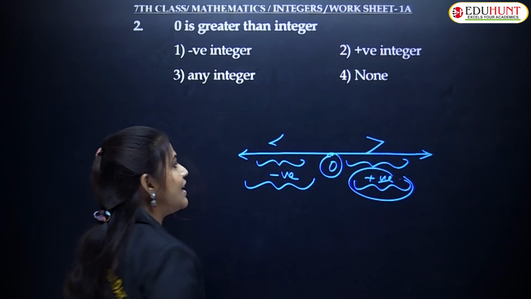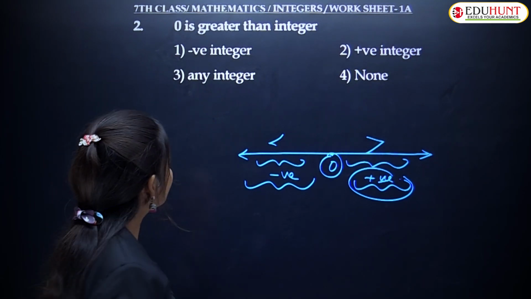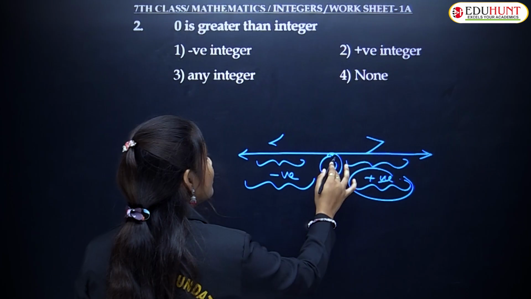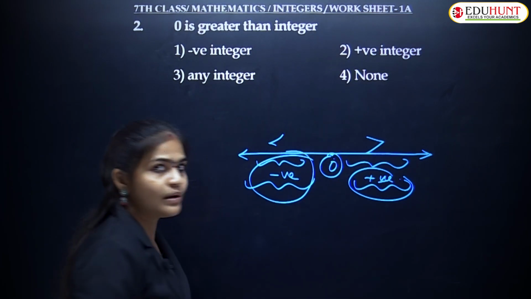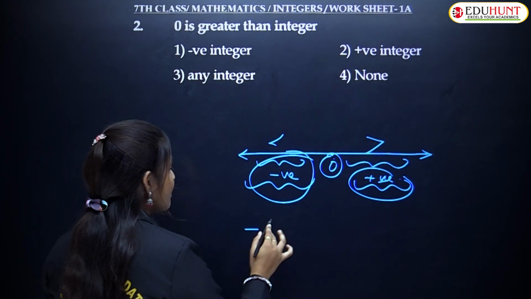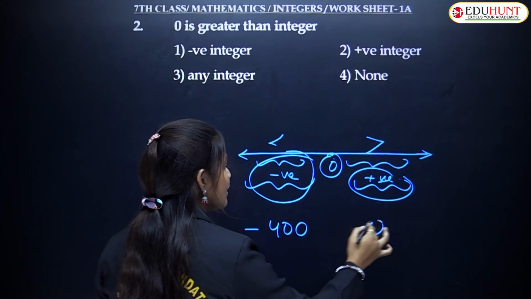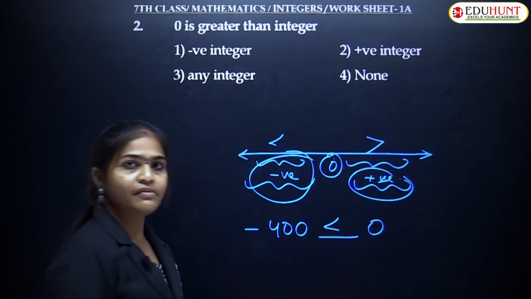Understand? That's what they ask here. 0 is greater than which values? Greater than negative values. If a negative value like minus 400 and 0 are there, which symbol do we have to keep? Yes, the less than symbol.